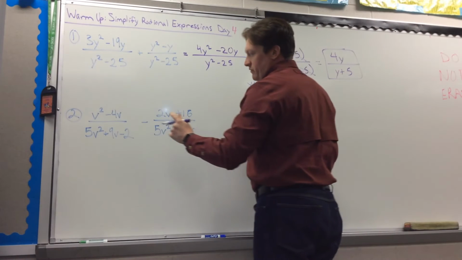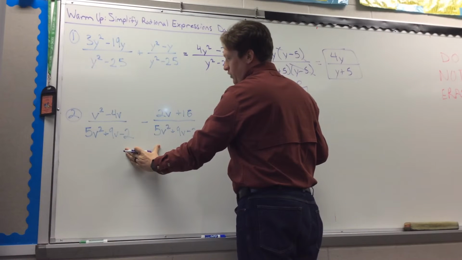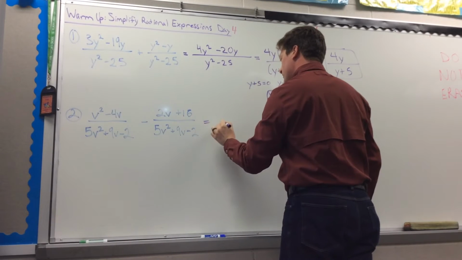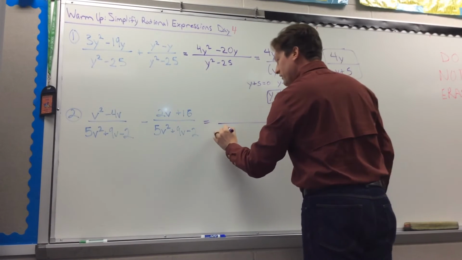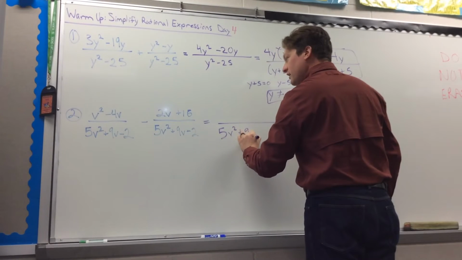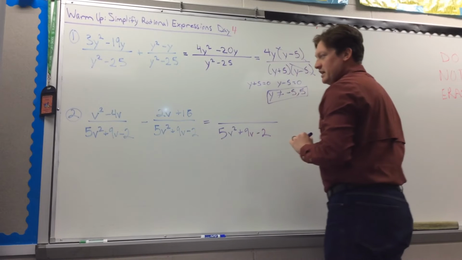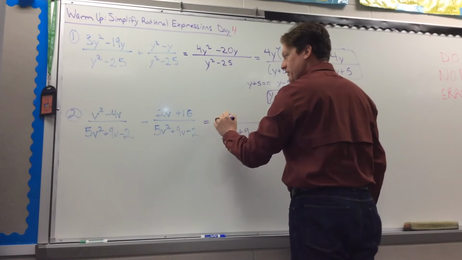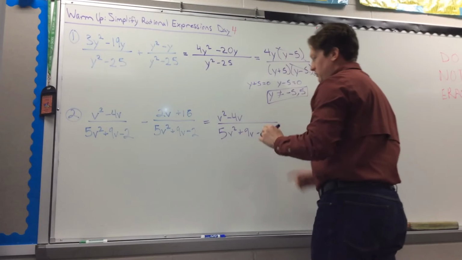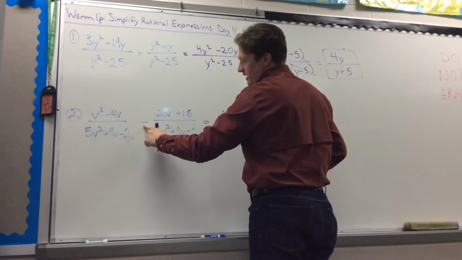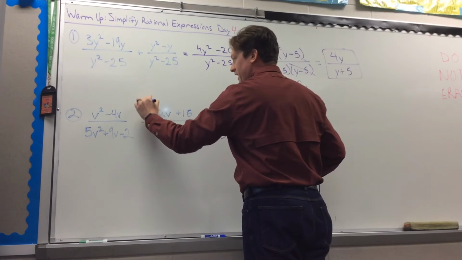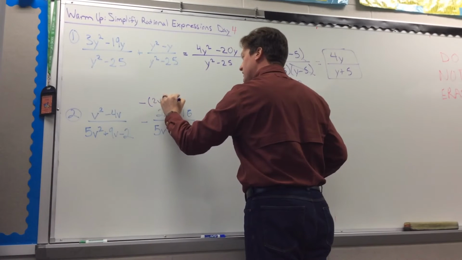Here, in our question, we have two fractions. The denominators are the same, so I'm going to write out that denominator once: 5v squared plus 9v minus 2. Then on top, I know I've got v squared minus 4v. And what's special about this is that this negative is going to go to this entire factor. So really you're looking at this as negative of 2v plus 16.